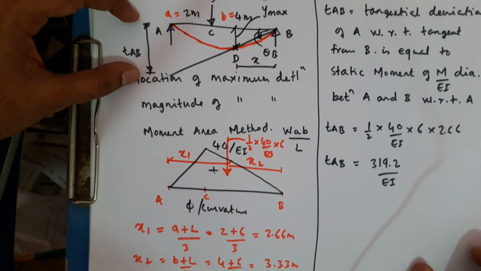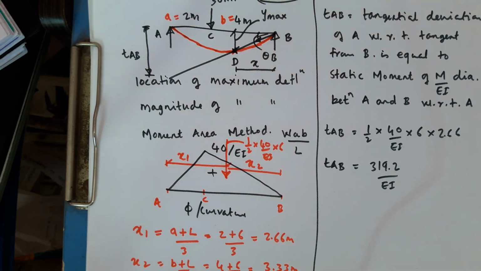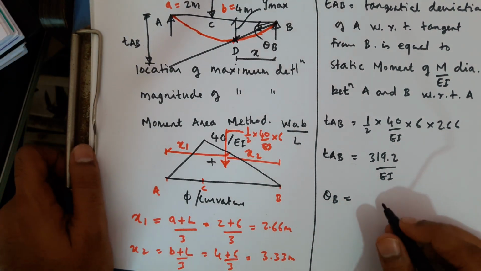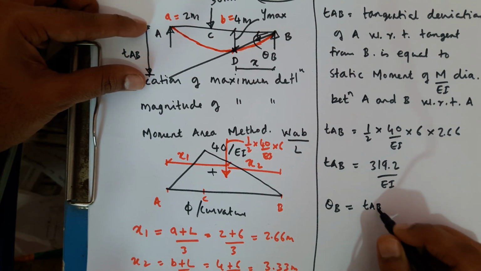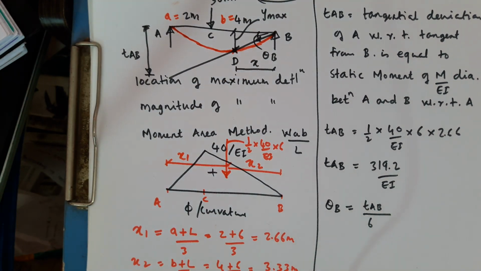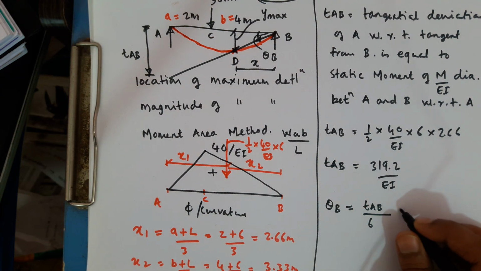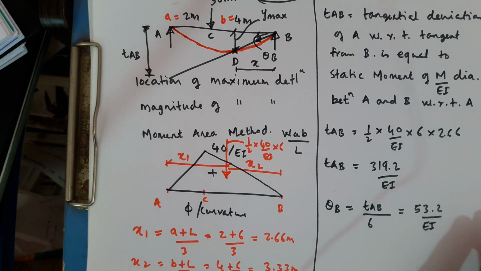Opposite is TAB and adjacent is 6 meter, L. But theta is very small, so tan theta can be taken as theta. So theta B equals TAB divided by adjacent, which is 6 meter. After solving this you will get 53.2 by EI.